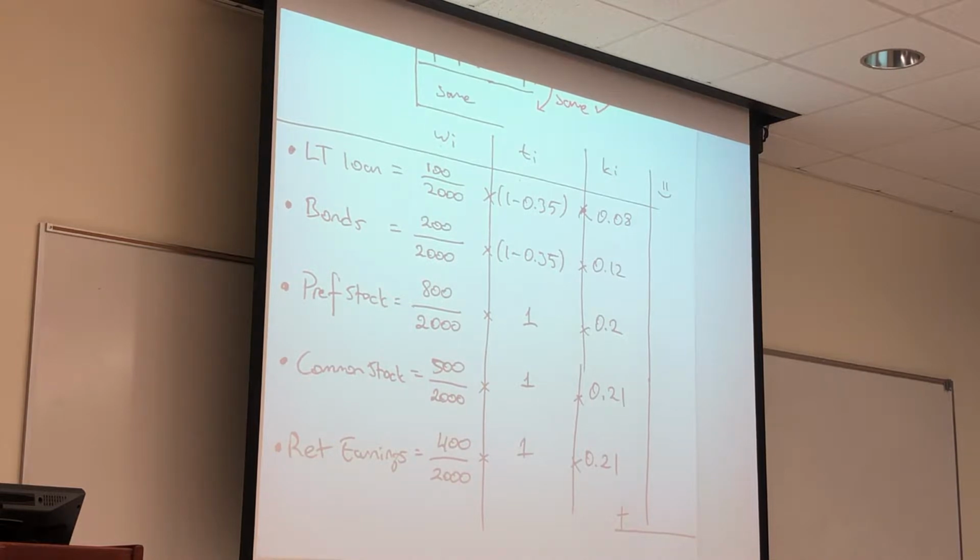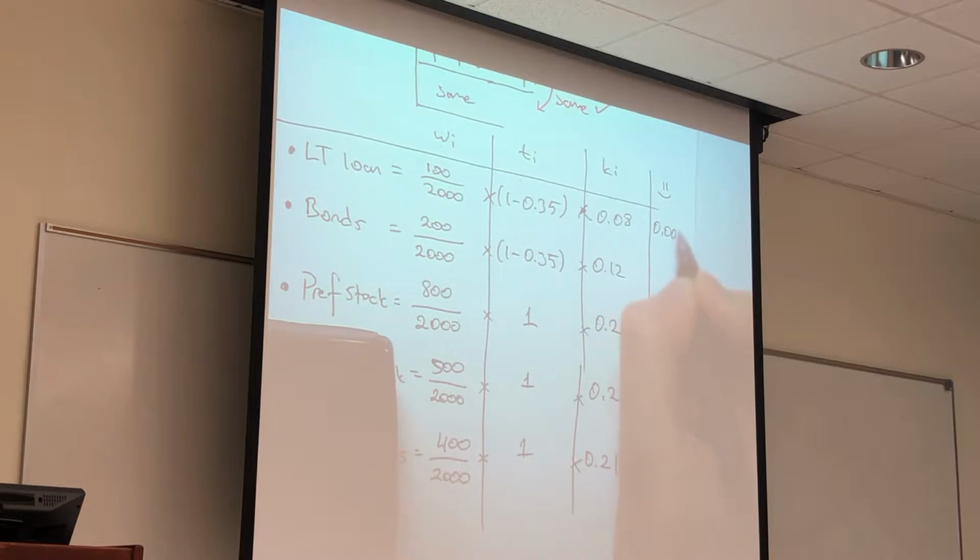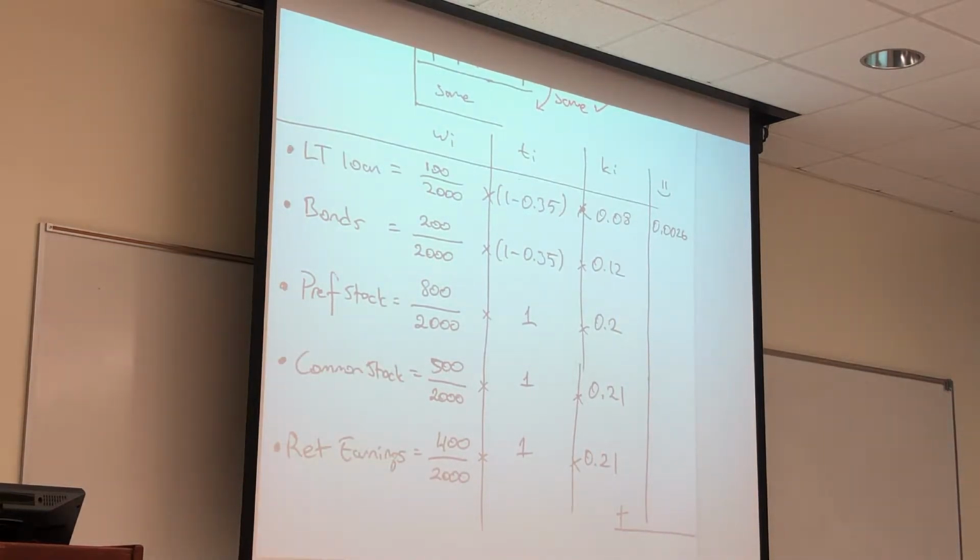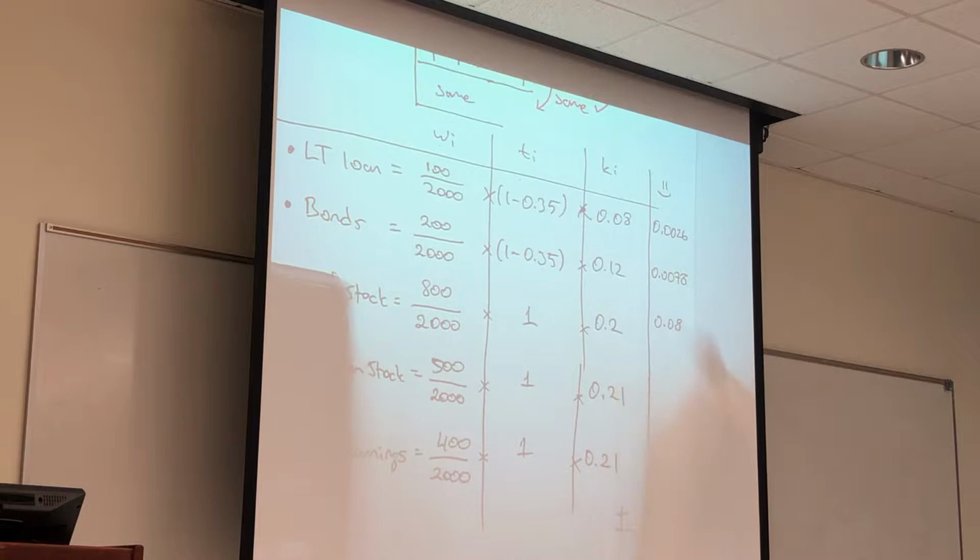Okay, let's do this. 100,000 divided by 2,000 times 0.65 times 0.08 will be equal to 0.0026, and then 200 divided by 2,000 times 0.65 times 0.12 will be equal to 0.0078. 800,000 divided by 2,000 times 0.2 will be equal to 0.08, and then 0.25 times 0.21 will be equal to 0.0525.